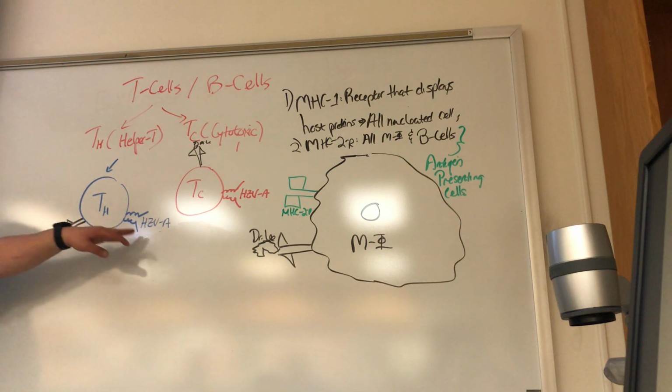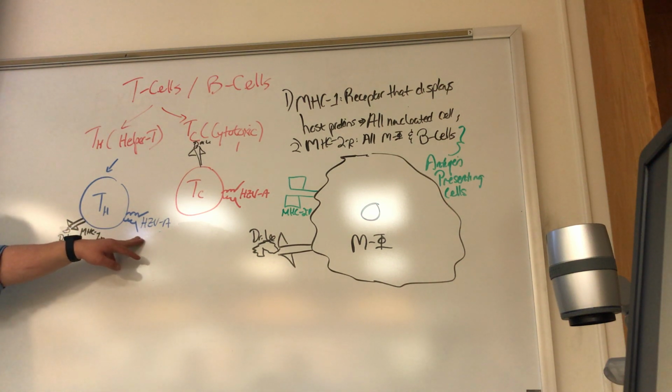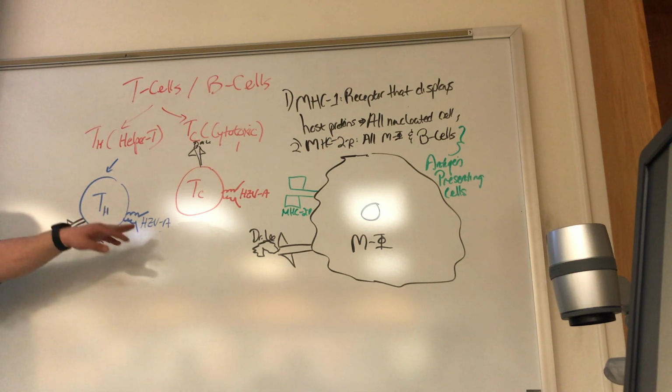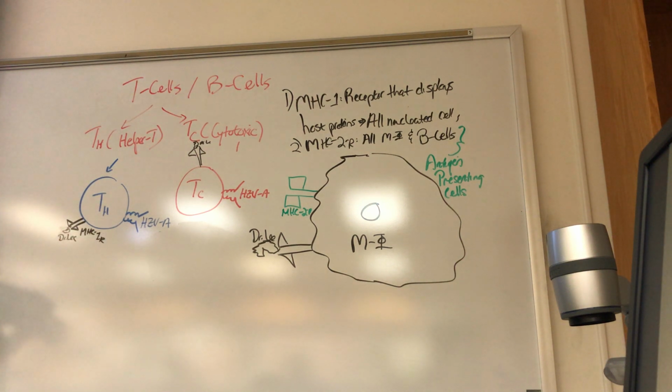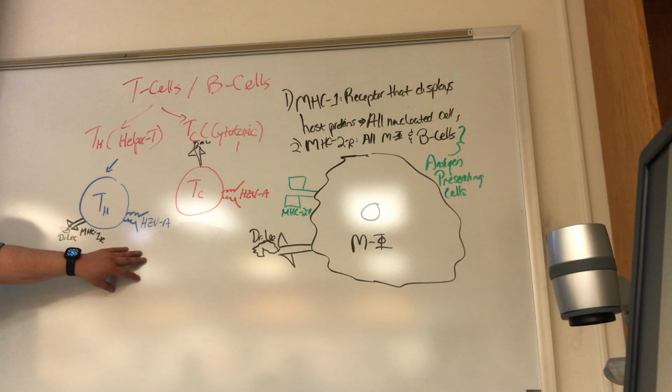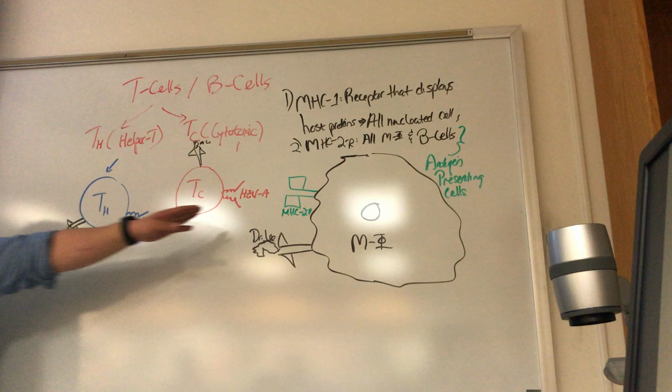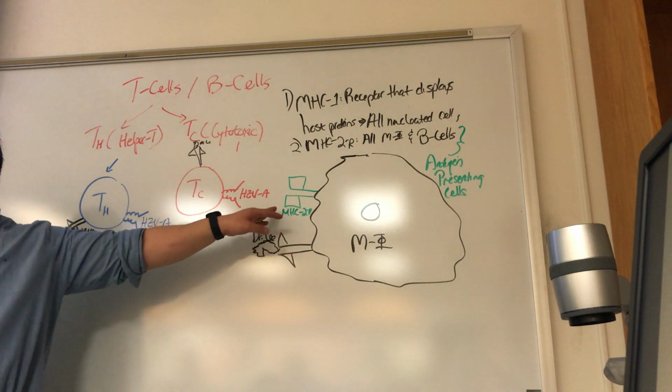That virus has that epitope, varicella zoster epitope A. It recognizes that epitope. So everything is a match, right? Perfect. Well, even if the virus is right next to it, that virus cannot bind to that receptor. So it needs to be displayed by a macrophage.